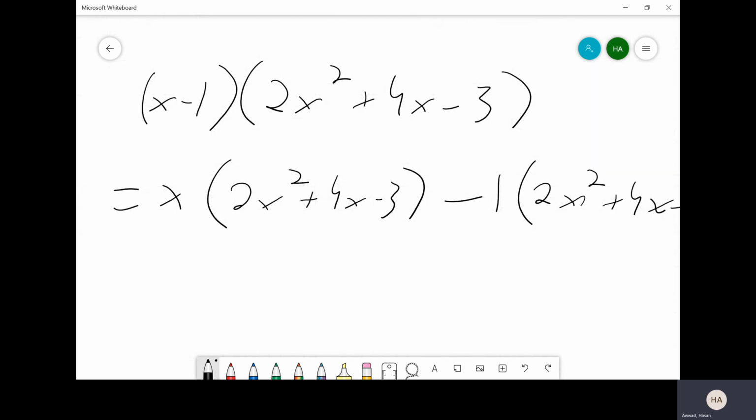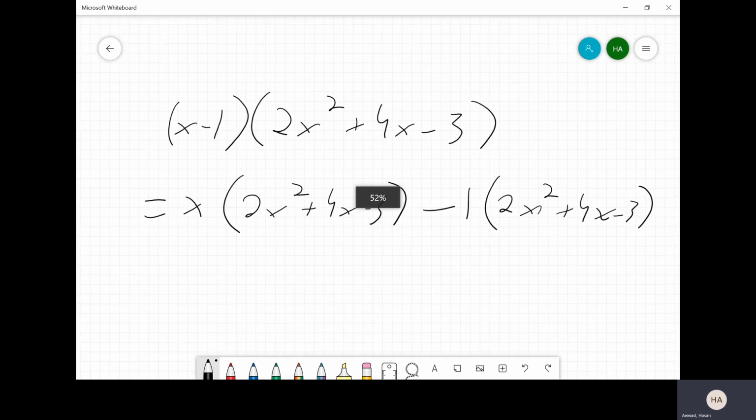And the reason that it's minus here is because it's minus there. If it were x plus 1, then this would be a plus 1 there. Okay, so you just keep the sign the same as whatever it is in the binomial.